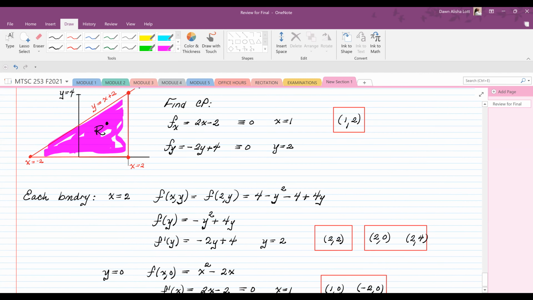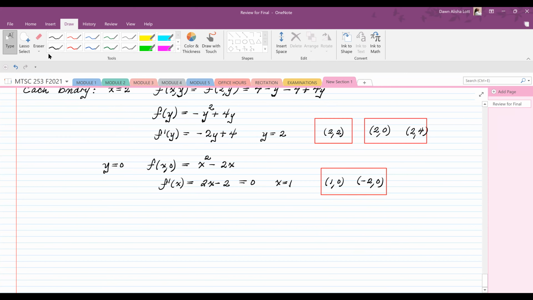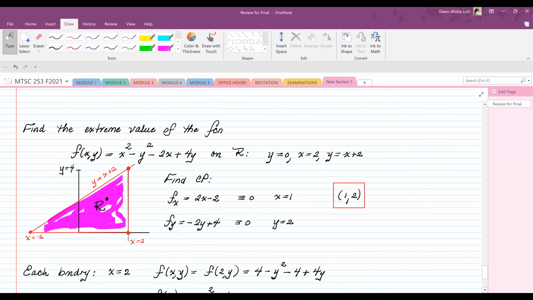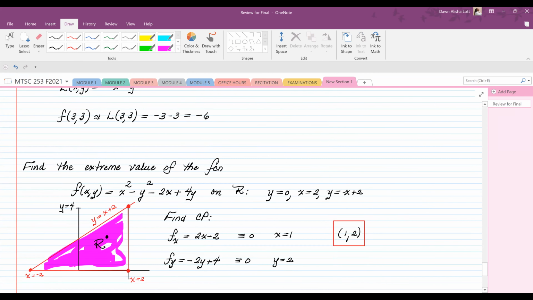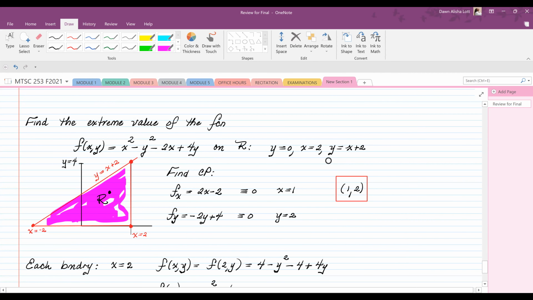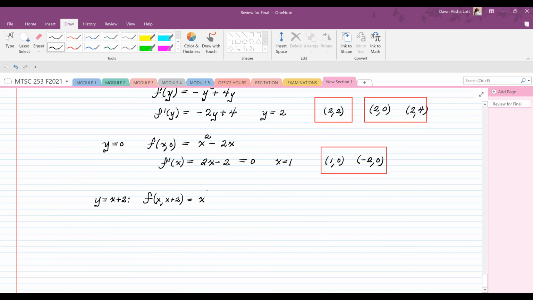The only thing we need to check is y is equal to x plus 2. So now you have f of x and y, where y is equal to x plus 2. So what do you get? x squared minus (x plus 2) squared, right?